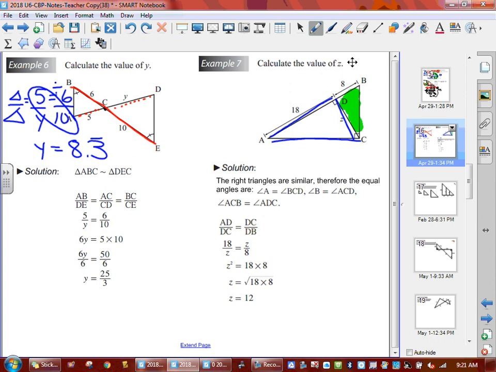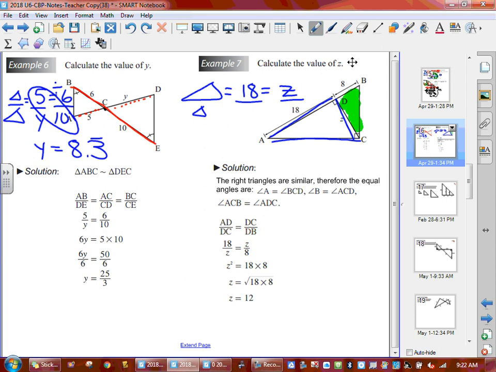So here we go. Let's go big over small this time. If I have my big triangle, I have 18 equals Z. On my small triangle, I have an 8. Who's going to match the 8? Because here's this triangle, take a look.